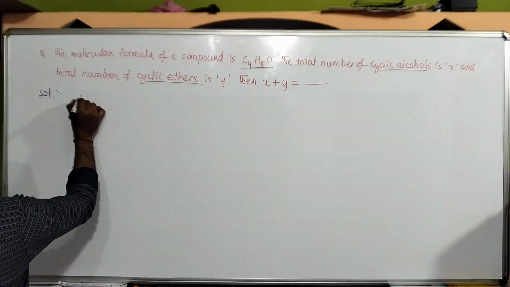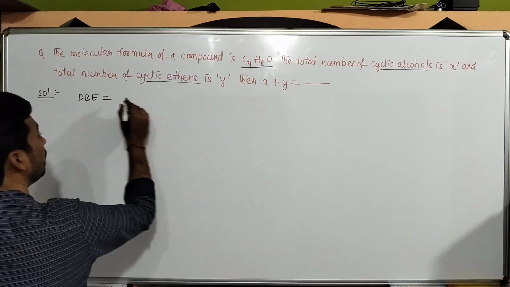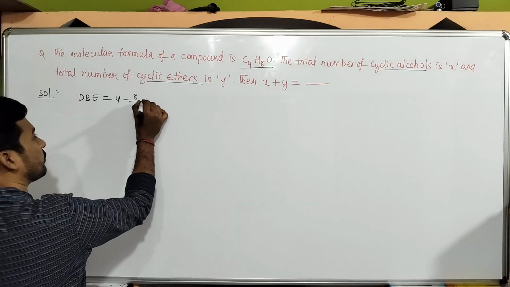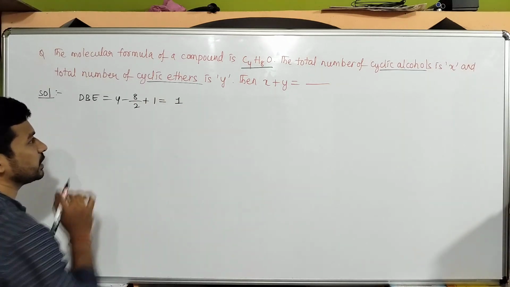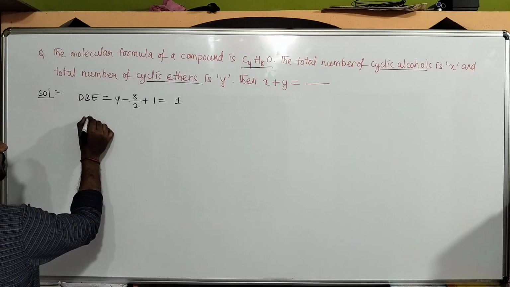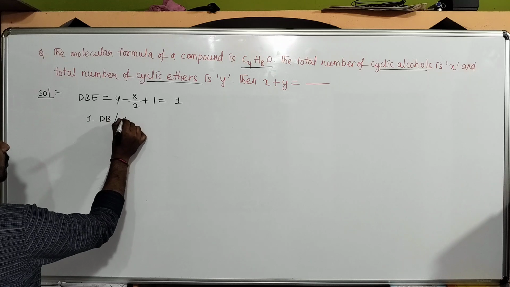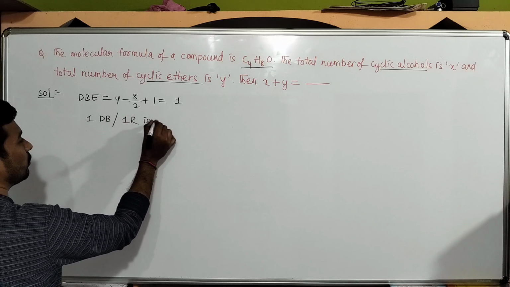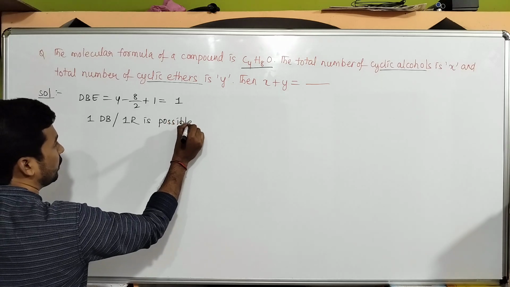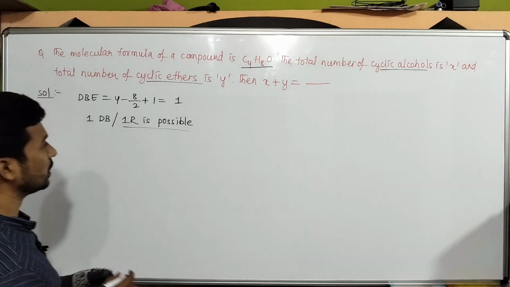First calculate double bond equivalence: number of carbon atoms 4 and hydrogen atoms 8, DBE equals (2C+2-H)/2, which is equal to 1. Double bond equivalence 1 means 1 double bond or 1 ring is possible. But here we have to take only a ring. Cyclic alcohols and cyclic ethers are required.